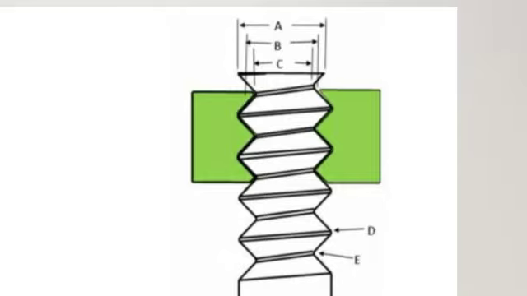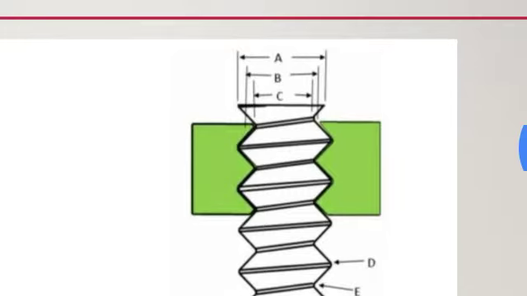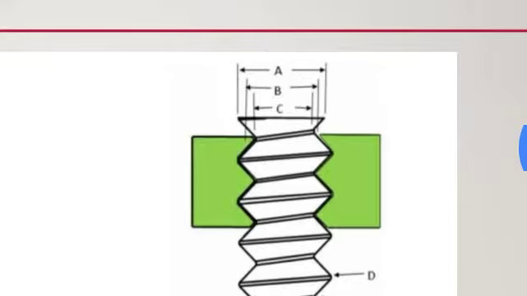Then what are A, B and C? A is the distance between two upper positions, or crests.